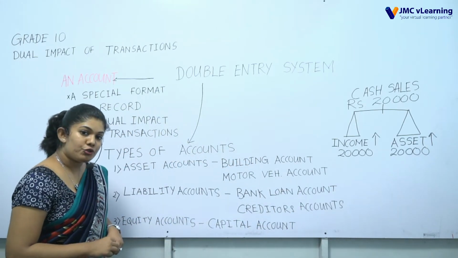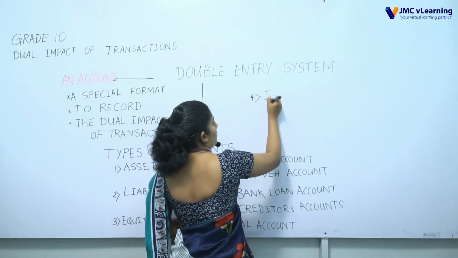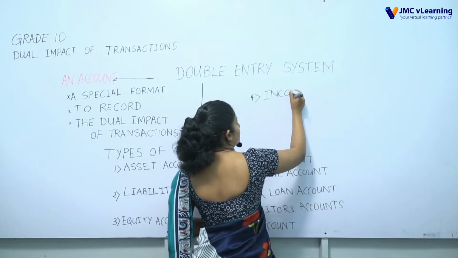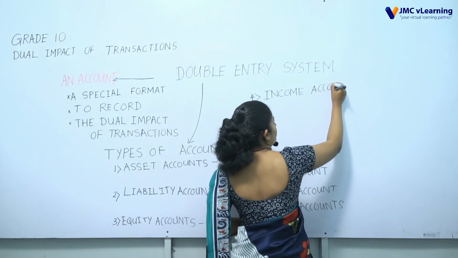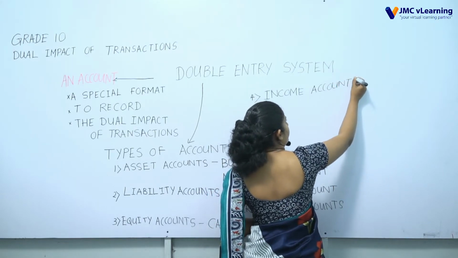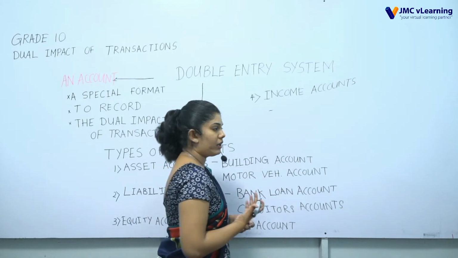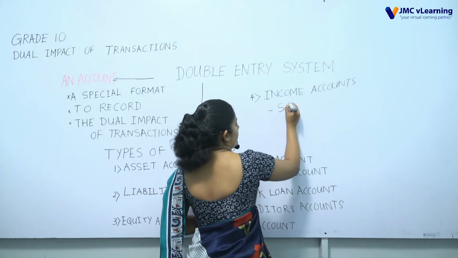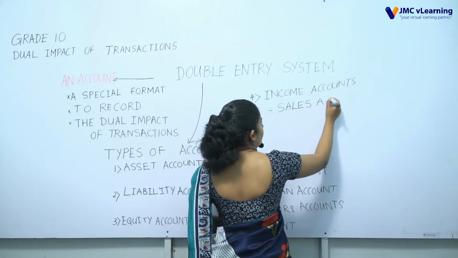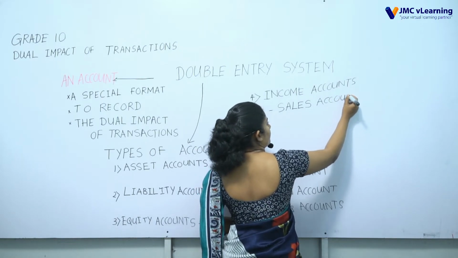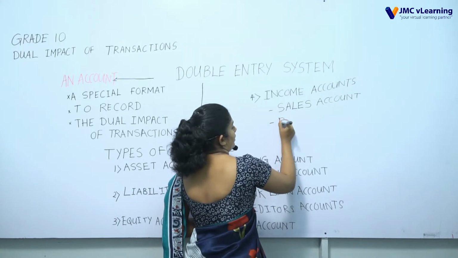And there are 2 more accounts. Number 4, income accounts. We can provide examples for income accounts such as sales account, then rent income account, like that.